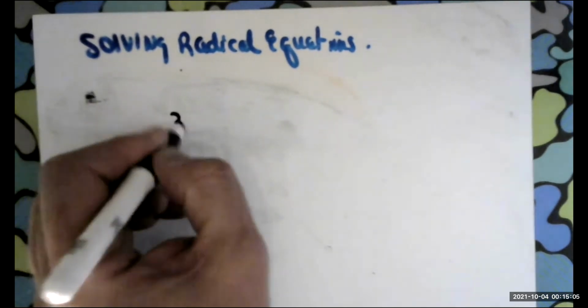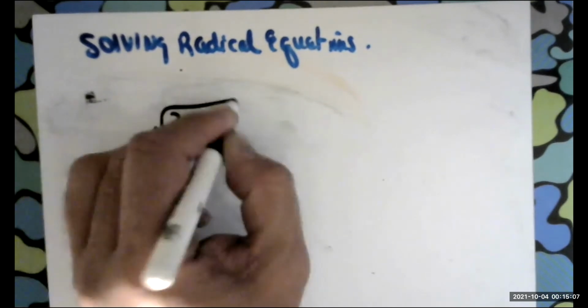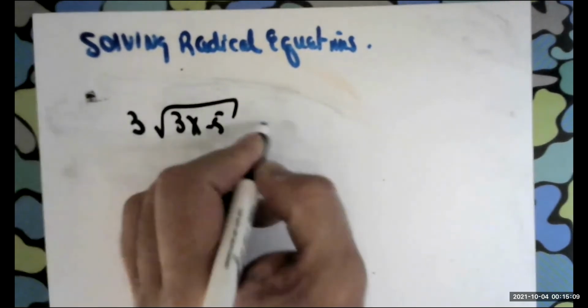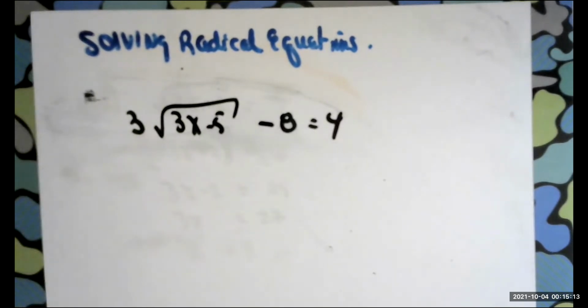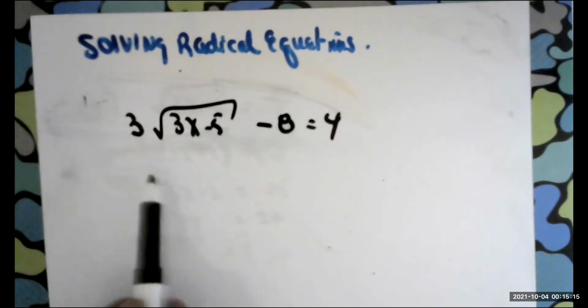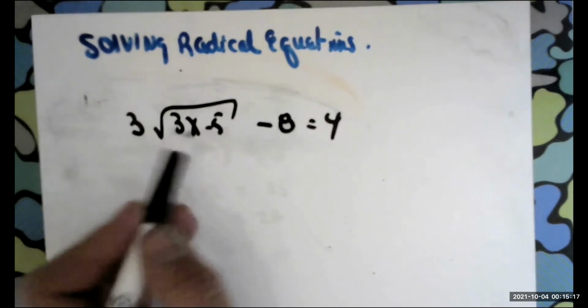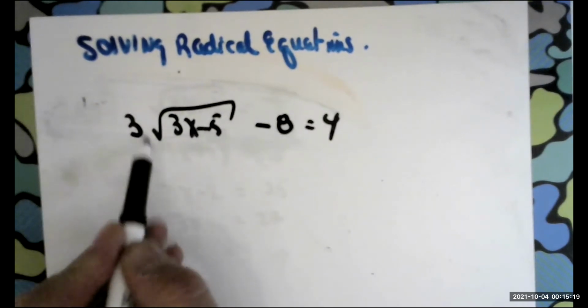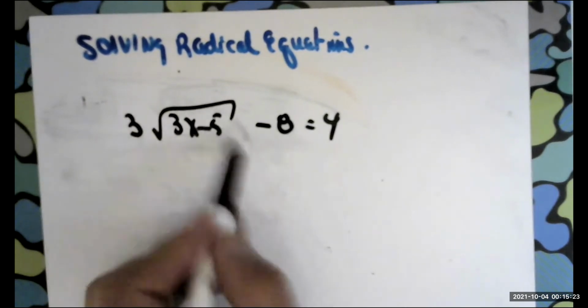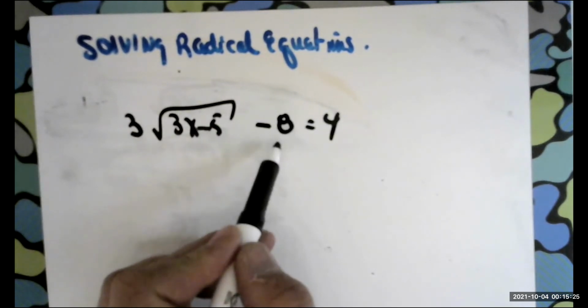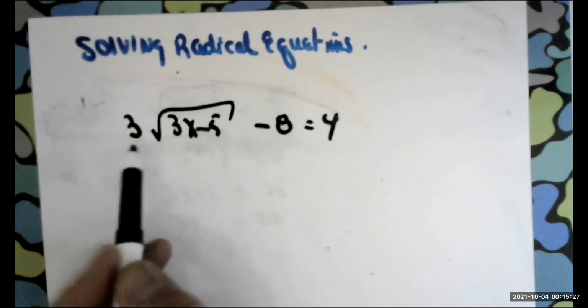What if I have 3 times the square root of 3x minus 5, minus 8 equals 4? So in here we have some noise. We have 3 times the radical minus 8 equals 4.